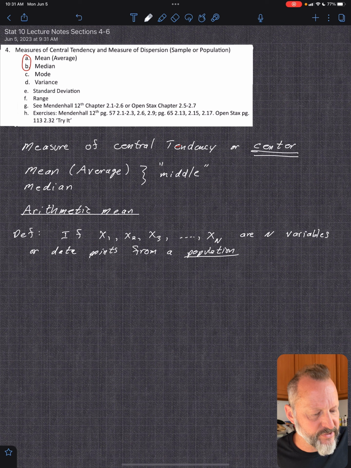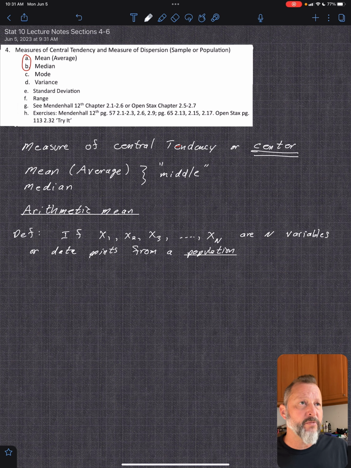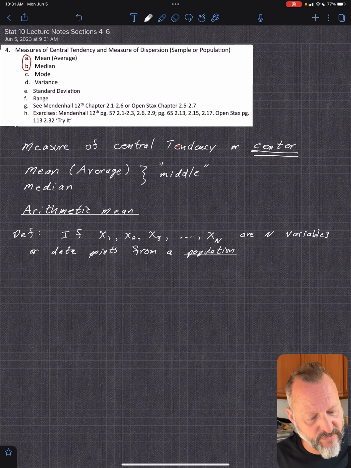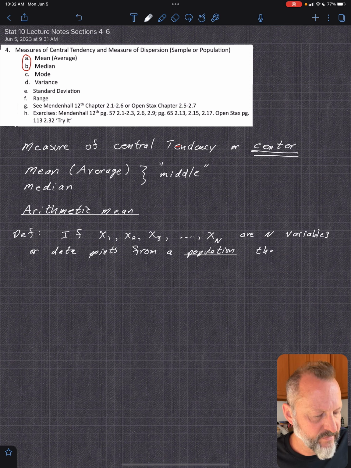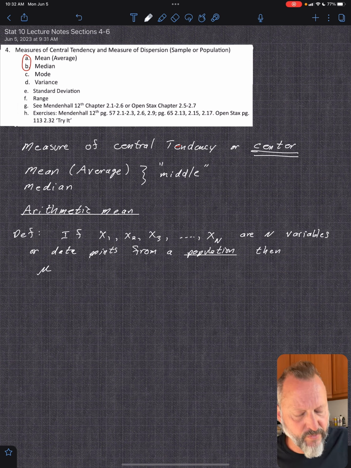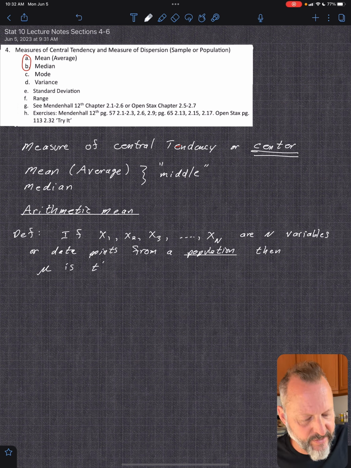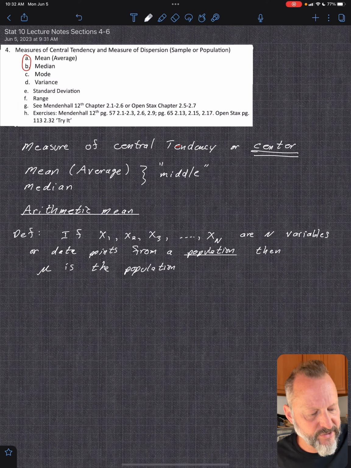We're going to first describe this in terms of the entire population, which has one symbol, and then in terms of the sample, which has another symbol. So for a data set from a population, mu, the Greek letter mu, is the population mean.